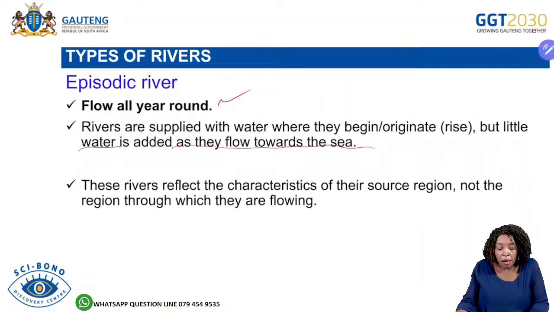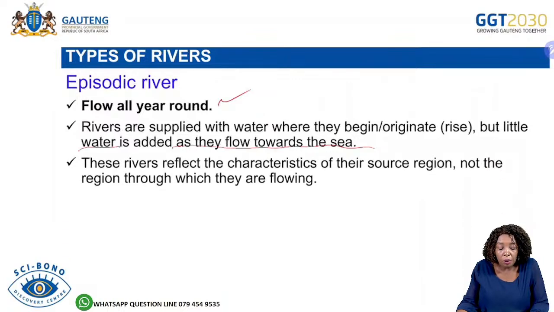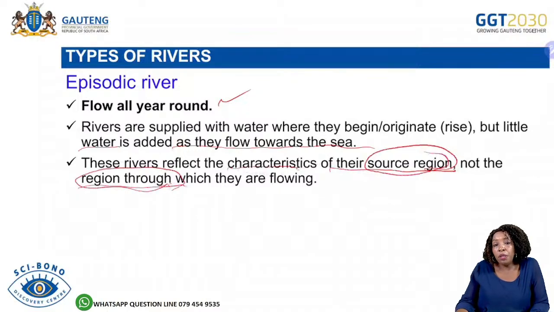Okay. Then the other thing that we need to note about an episodic river, these rivers reflect the characteristics of their source region. So they also are dependent on their source region, not the region through which they are flowing. So they also would be determined by their source region.